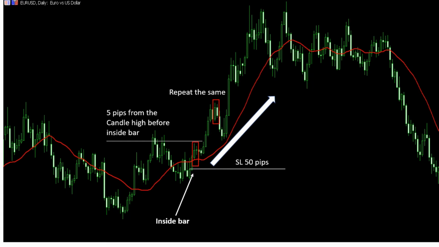Once you identify the inside candle, you set the trigger 5 pips from the previous candle high and stop loss 50 pips from the previous candle low.